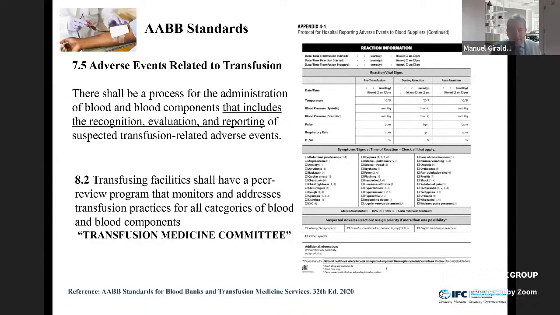The last component is the transfusion medicine committee, which Titus and Nadine will discuss at length. It is the importance of having within the organization a multidisciplinary committee with representation from key stakeholders from the lab, clinicians, and nurses, who can help you to monitor best practices, educate, and develop policies as well.